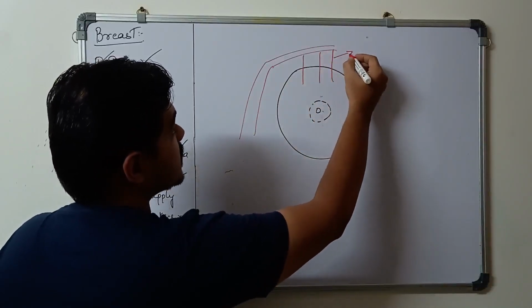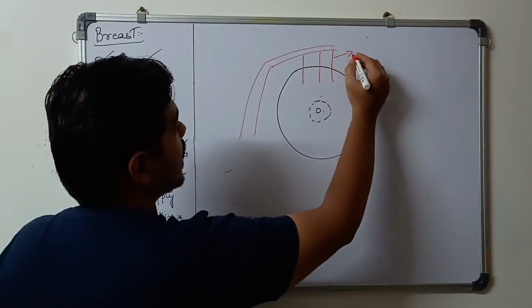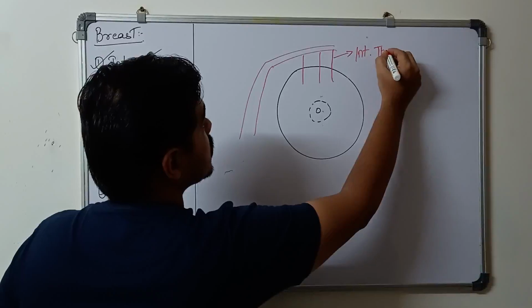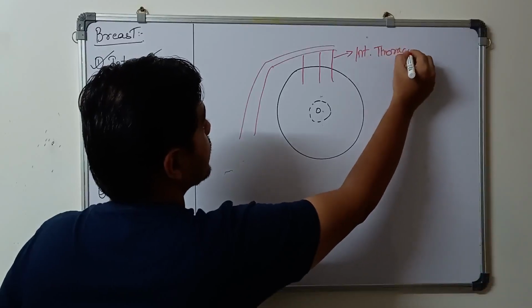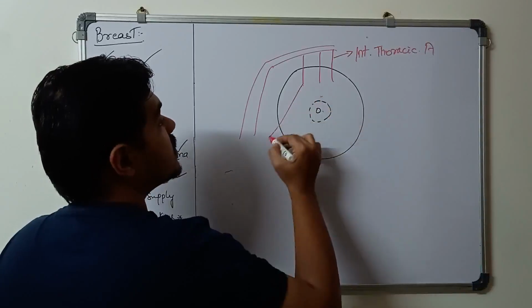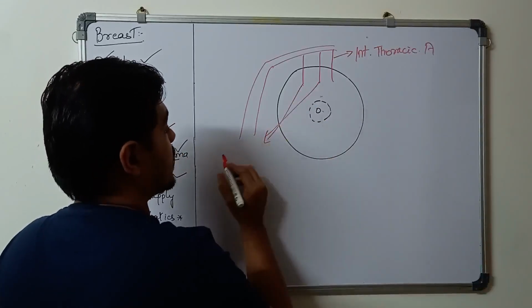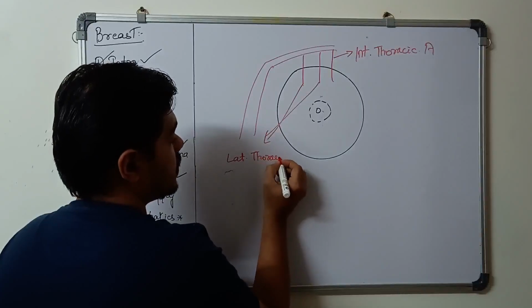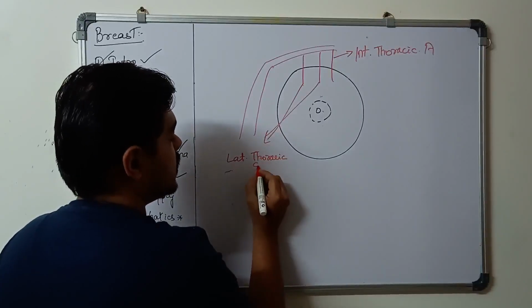The internal thoracic is a branch of the subclavian. I'll name the arteries. This is the internal thoracic artery, and these two are the lateral thoracic and thoracoacromial arteries.